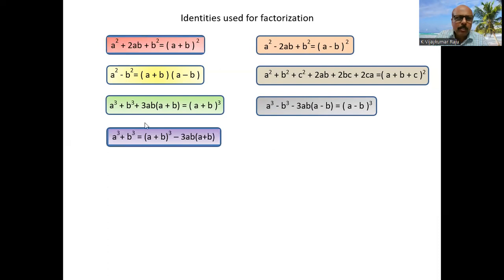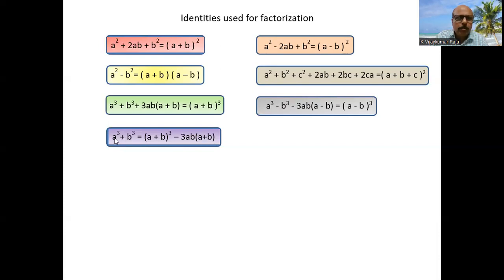Now the same things here. A raised to 3 plus b raised to 3: this identity has been derived from the previous identity. This positive term, when you shift it to the right side, it becomes negative. So it is (a plus b) whole cube minus 3ab into (a plus b).